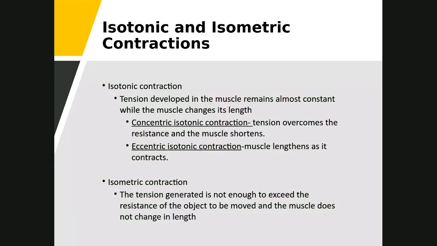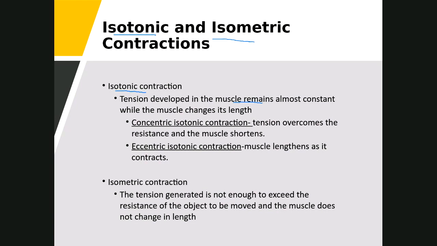Other terms when we're talking about muscles include knowing the difference between isotonic and isometric contraction. So when we think of isotonic, this means that the tension within the muscle remains almost the same while the muscle changes in length.